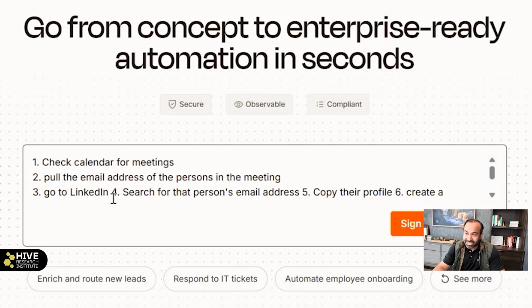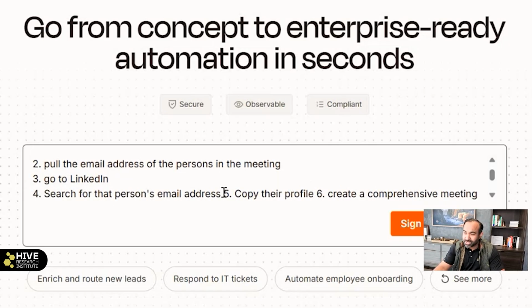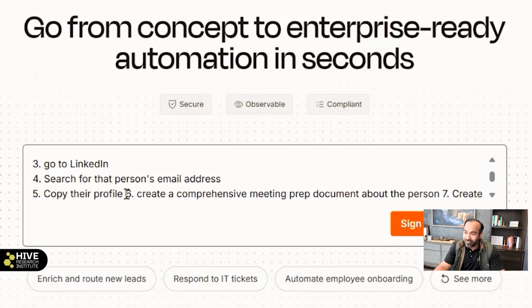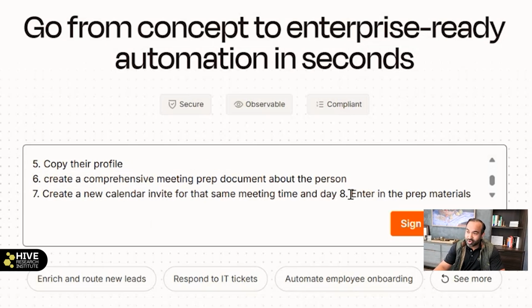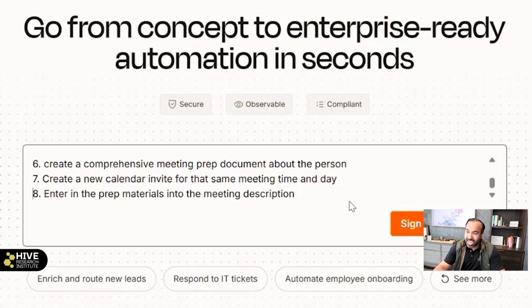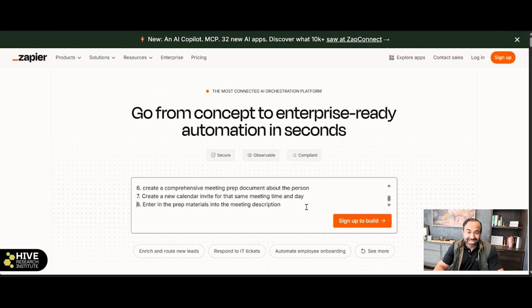Step 3, go to LinkedIn, search for the person's email address, copy their profile, create a comprehensive prep document about that person, create a new calendar invite for the same meeting and day, and enter all the prep materials for that calendar invite. This is a workflow I think everybody on this call should create for themselves.